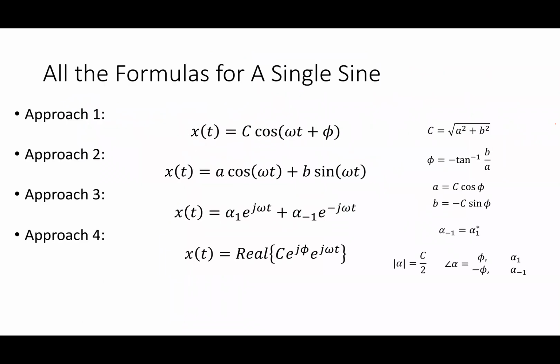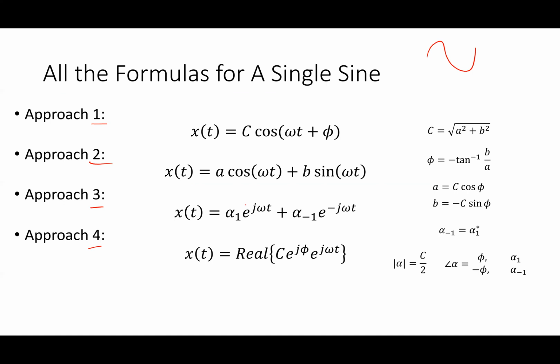So basically what we said last time is that I have 4 different ways of trying to relate a sine wave. In other words, approaches 1, 2, 3, and 4 are all equivalent to each other. So if I had a single waveform, I could represent it each of these 4 different ways.